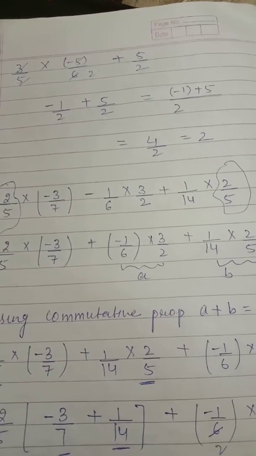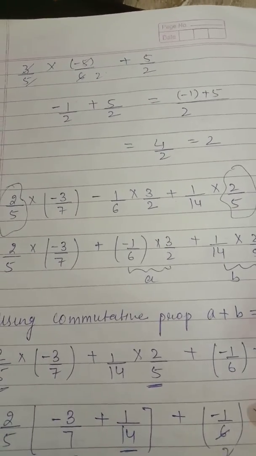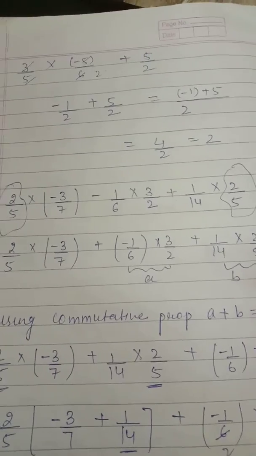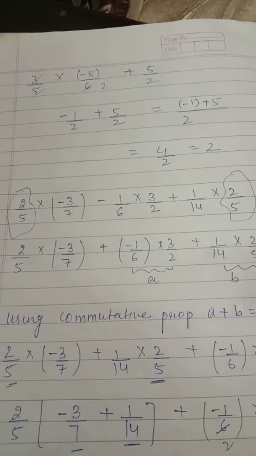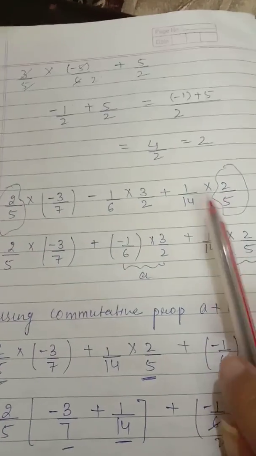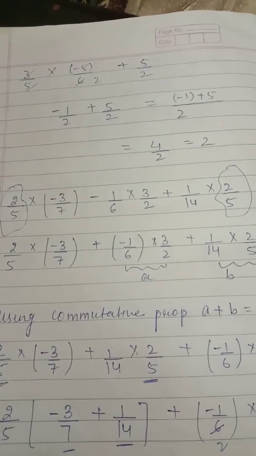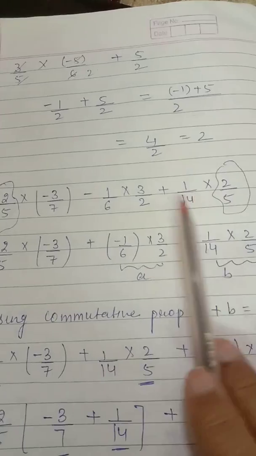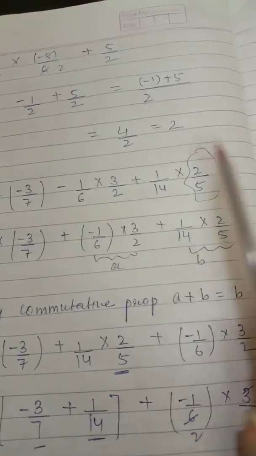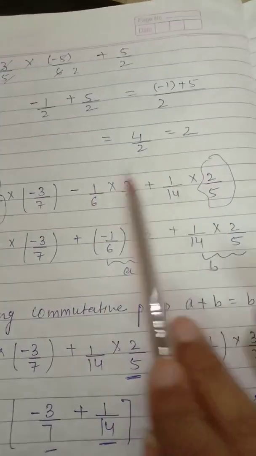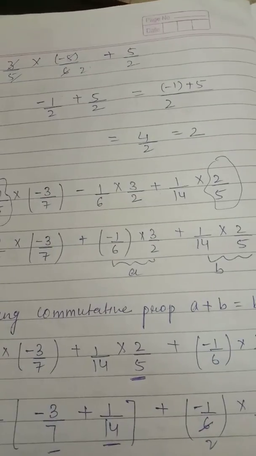Now same we will see which value I can take common. When I see this question, my 2 by 5 is common, but to take common 2 by 5 I have to apply the commutative property in these two terms.